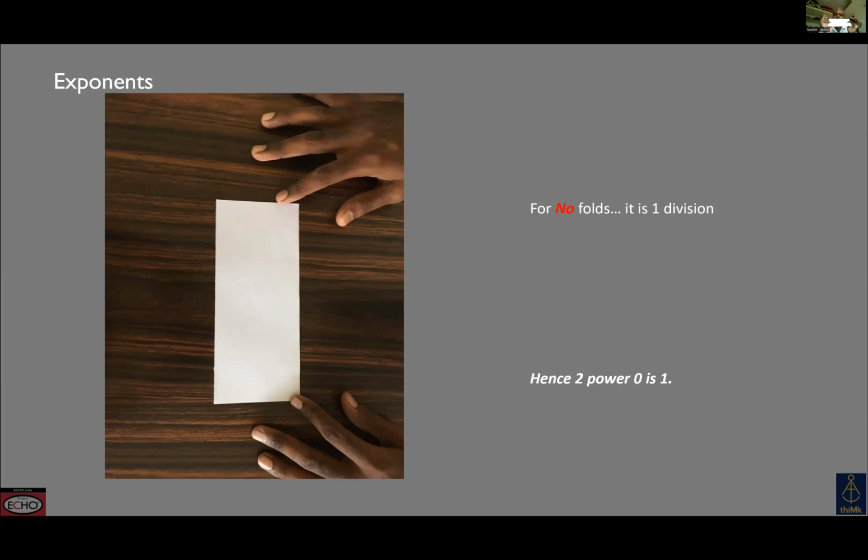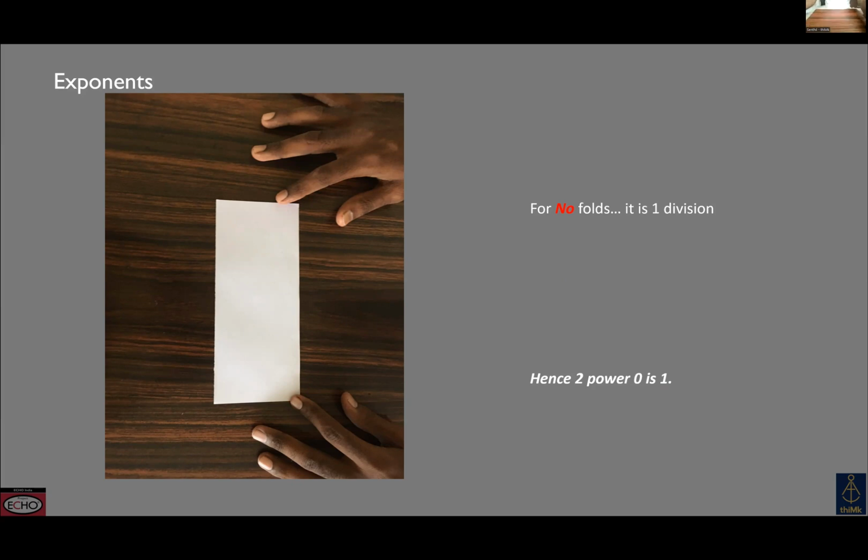So proving 2 to the power of 0 is 1 is just fascinating from this fold exercise itself. Otherwise, it's not so easy to visualize something to the power of 0 is 1. Like, how do we relate to that? And this exercise I felt personally so fascinating, and it gave quite a perspective.